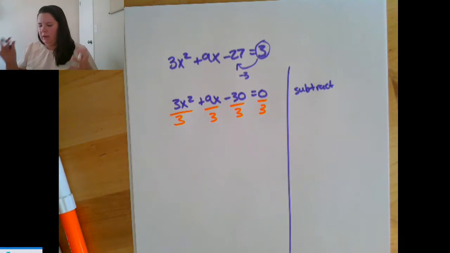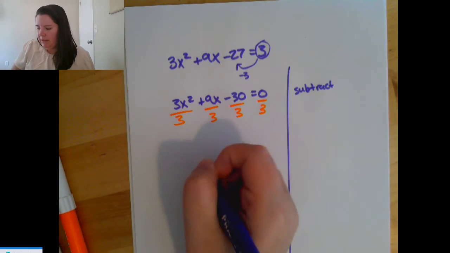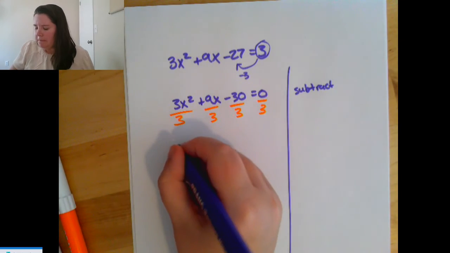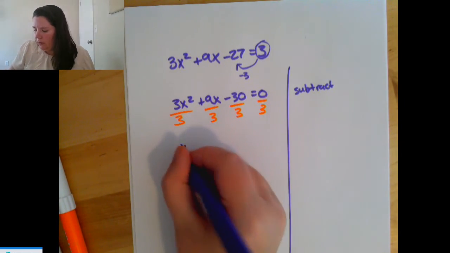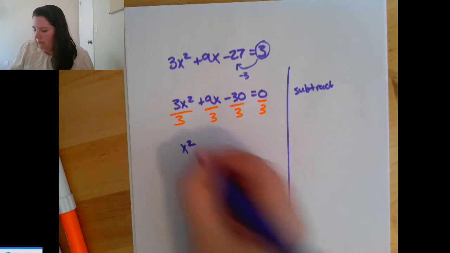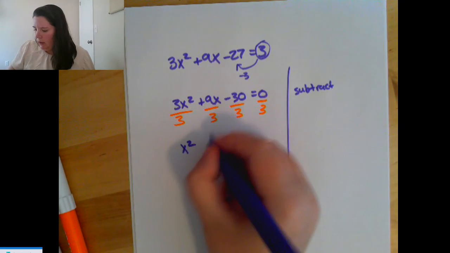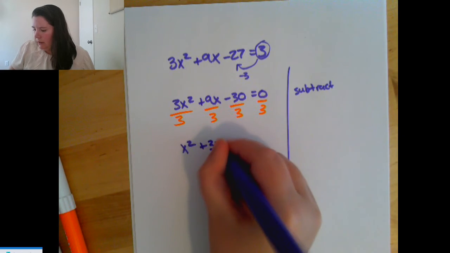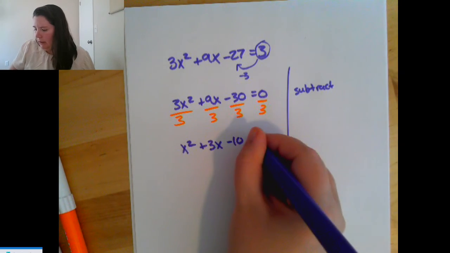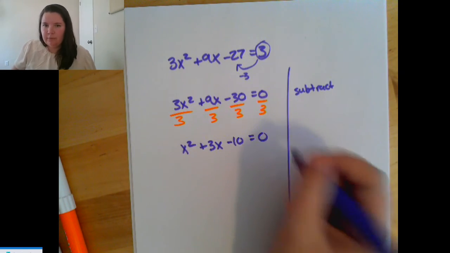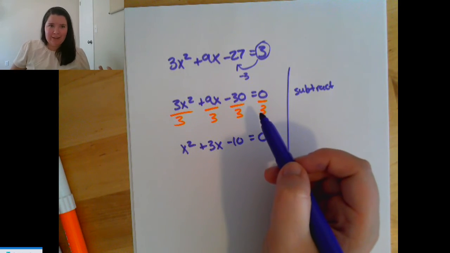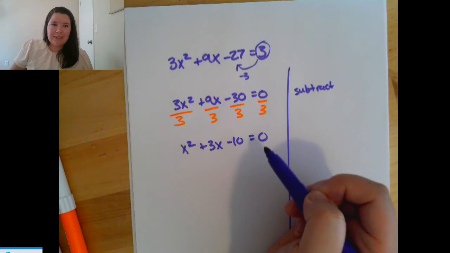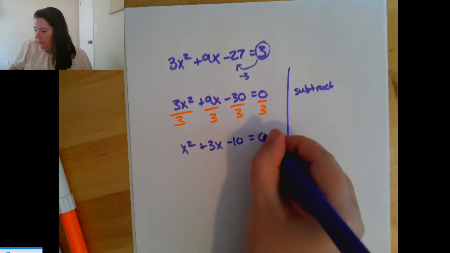Really, it's just about manipulating these different pieces to look how you want. So that goes away, and I'm left with x squared, just what I wanted, plus 3x minus 10 equals 0. I have 0 cookies and I divide them amongst 3 friends. We all have 0 cookies. That's easy remembering there.